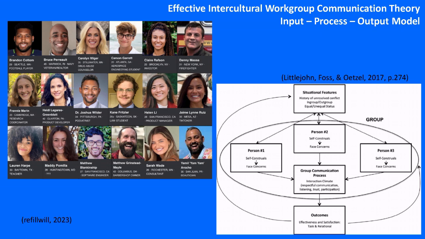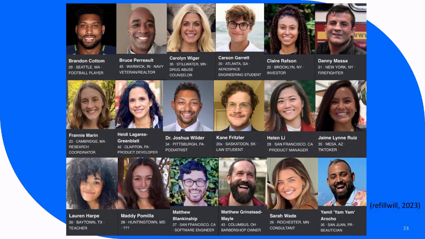If we go into who they are, we'll see how this all works. You can see there are lots of differences: ages, backgrounds, maybe their status in society, their education levels. And of course, that's going to come with differences in personalities.